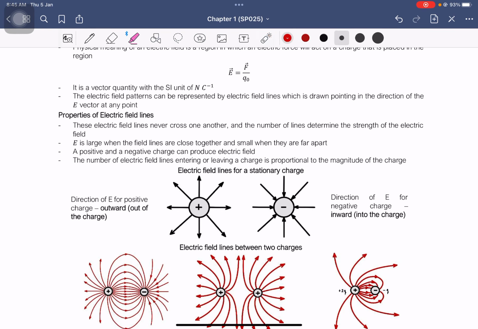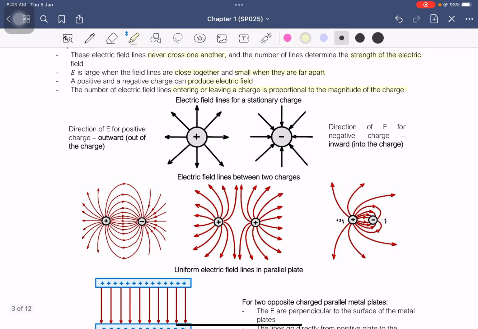They will never cross one another, and the number of lines determine the strength of the electric field. The electric field is large when the field lines are close together and small when they are farther apart. A positive and a negative charge can produce electric field. The number of lines entering or leaving a charge is proportional to the magnitude of the charge.